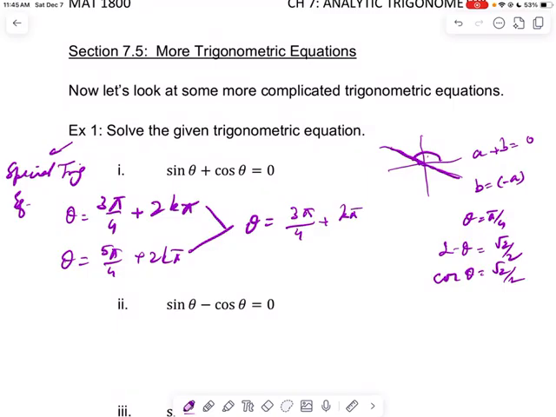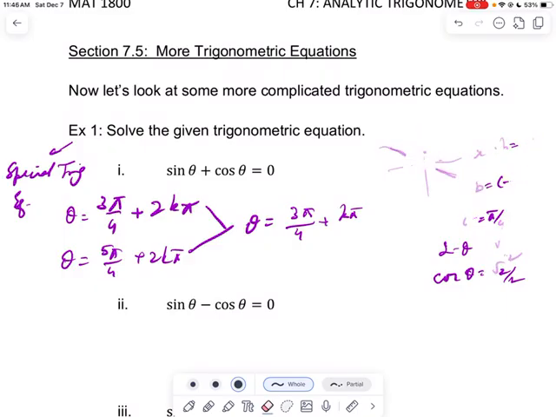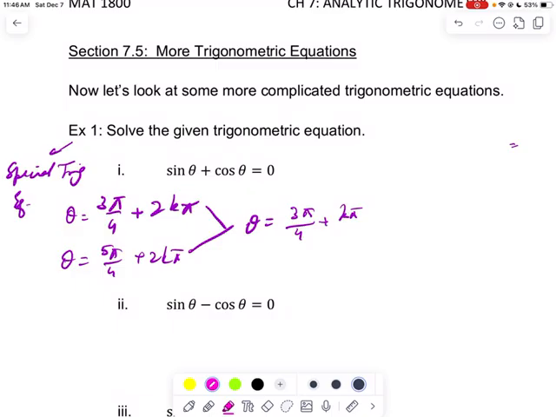Another way of looking at the solution of this equation is by writing, so I'll do it over here. From here I can say sine of theta is equal to negative cosine of theta. And now divide by cosine of theta.